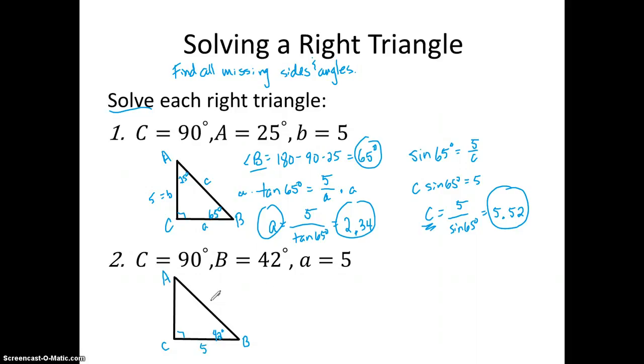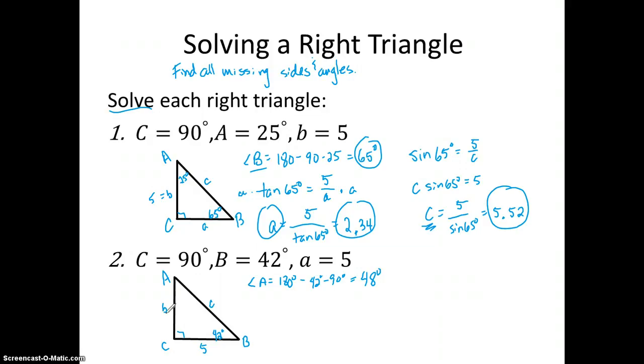And now I want to find side C, I want to find side B, and I want to find angle A. So angle A can be found by taking 180 degrees minus 42 minus 90. And that will give me my angle A, which would be 48 degrees.